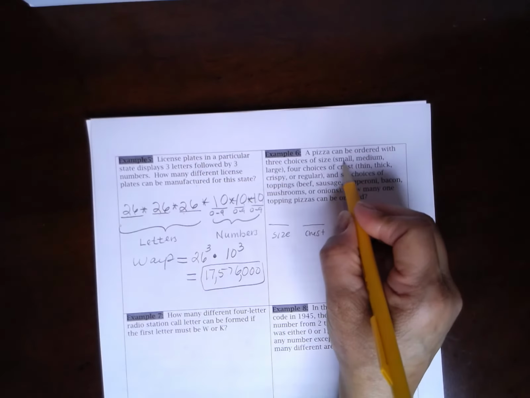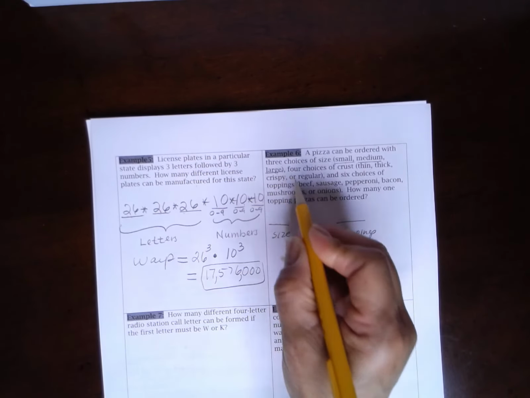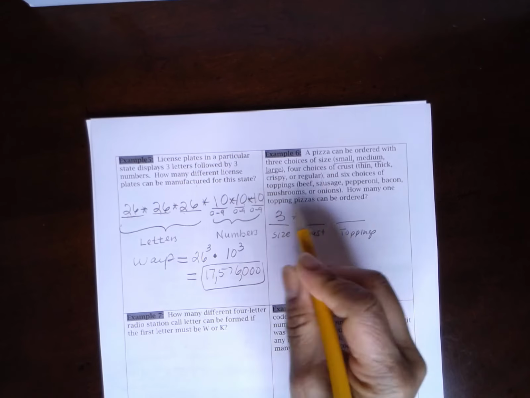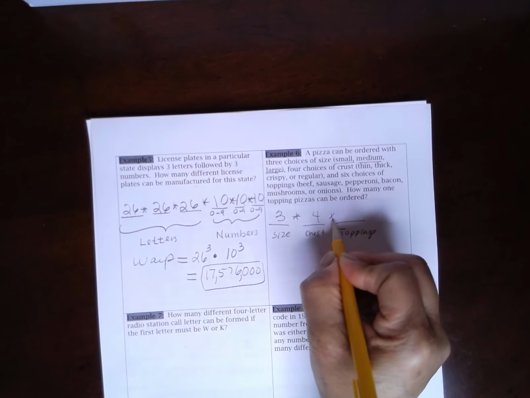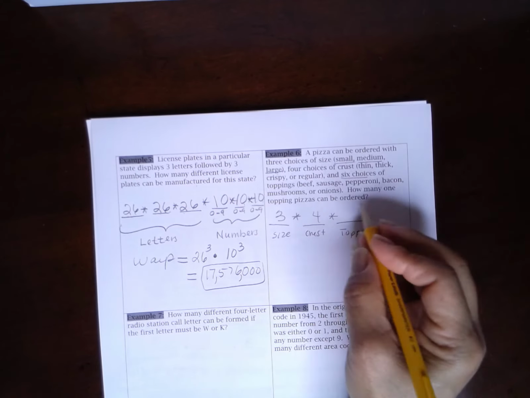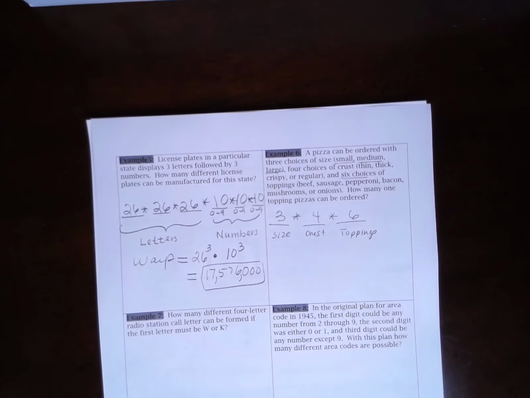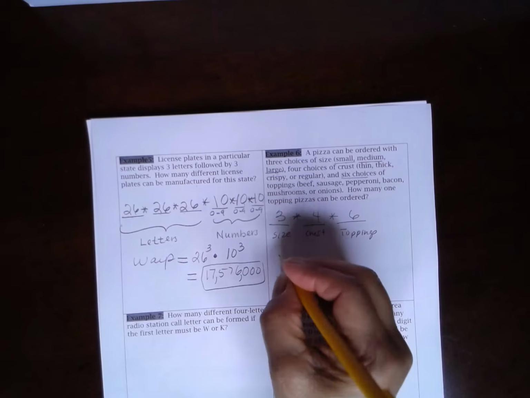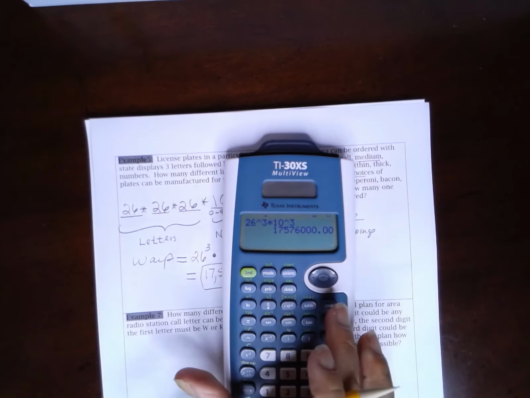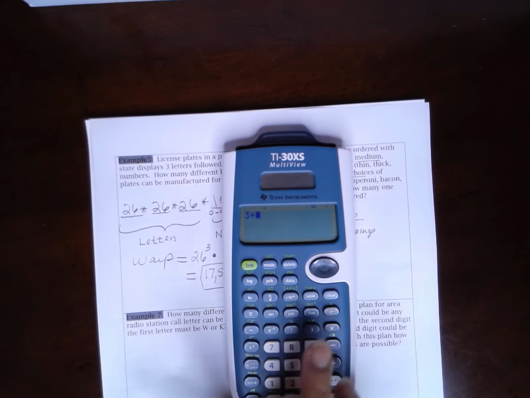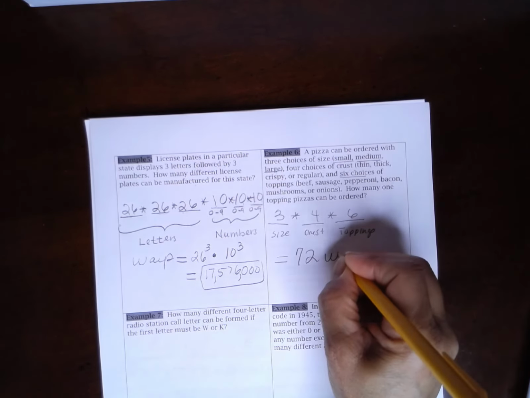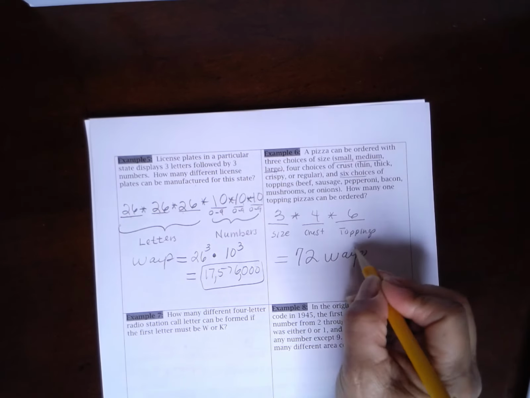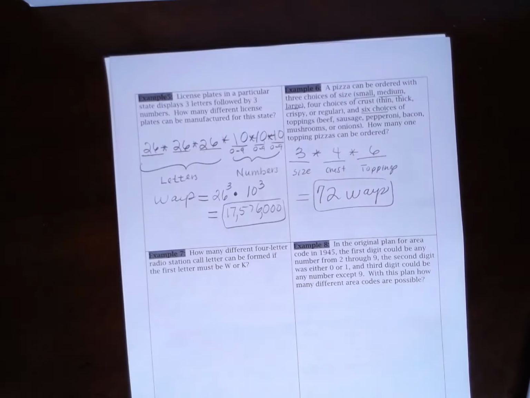You have 3 choices for the size, 4 choices of crust, and 6 choices of toppings. So 3 times 4 times 6 will be 72. There are 72 ways in which you can order that pizza.